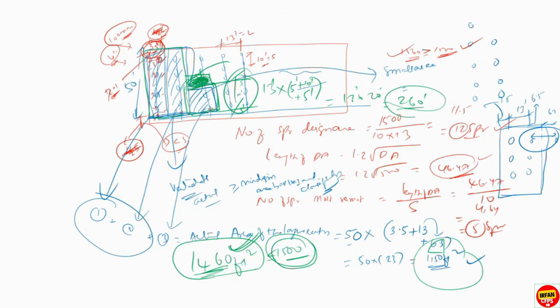If your spacing of the sprinklers in any room is uniform, then the method which I explained is to be followed. The three-step formula: calculate the number of sprinklers in the design area, the length of the design area, and then look at the sprinklers on the drawing and verify the design area is in line with the actual requirements or not. So all these steps are to be followed.